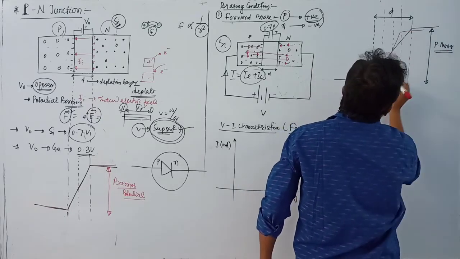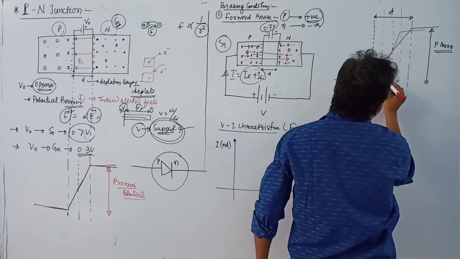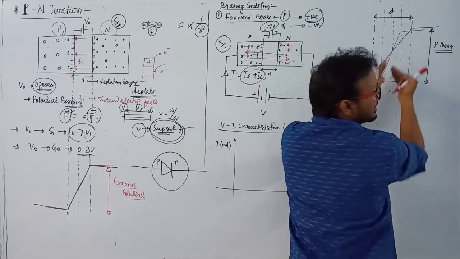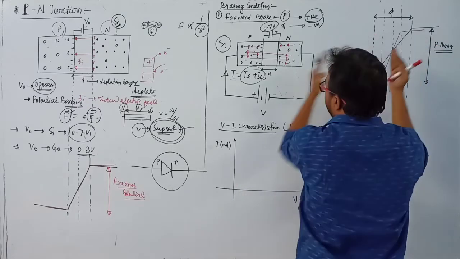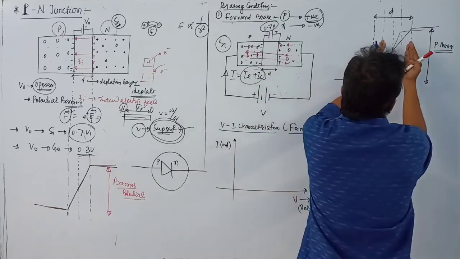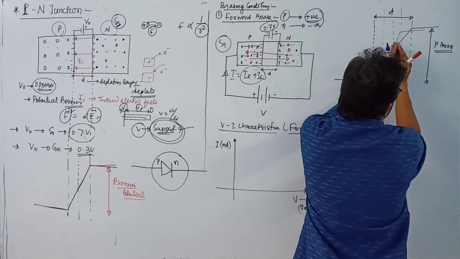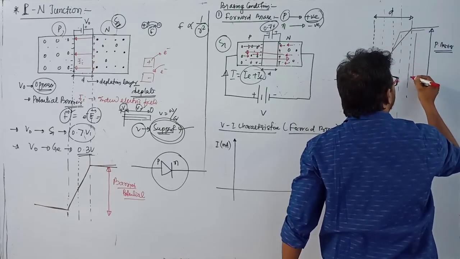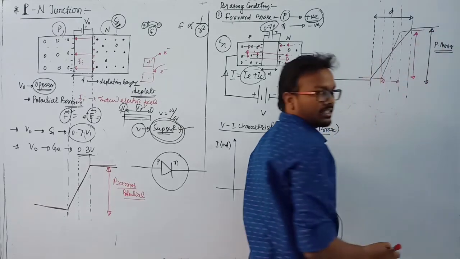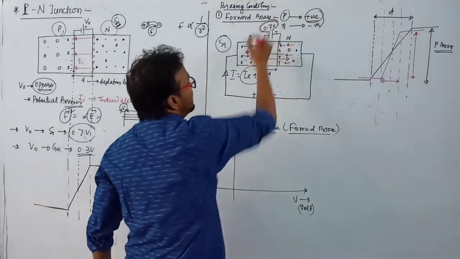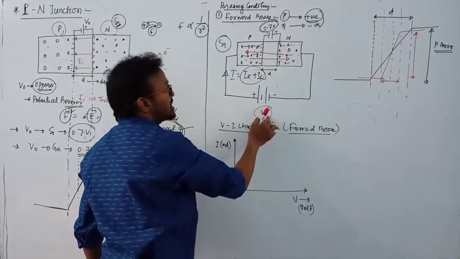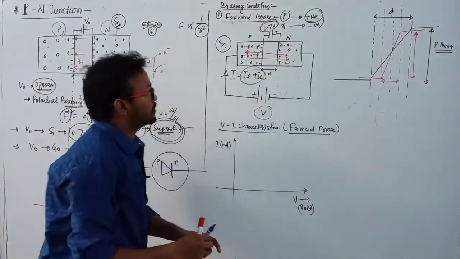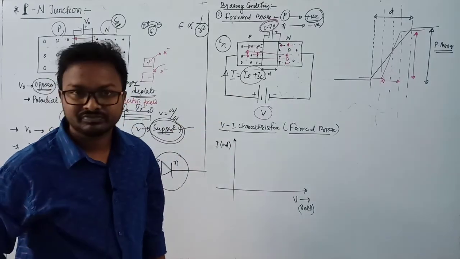Now this is the depletion layer. Initial depletion layer, if we apply potential here, a battery, then the depletion layer decreases and finally vanishes. And this distance is known as the potential barrier. When we apply here, that is 0.7. But this voltage must be greater than 0.7 volt for the current to flow here.